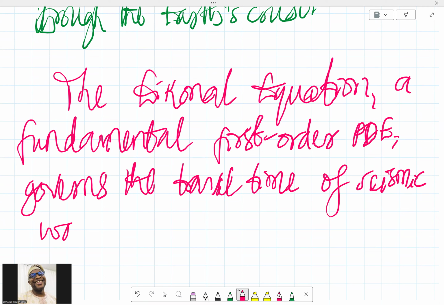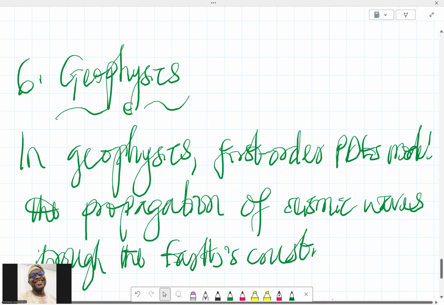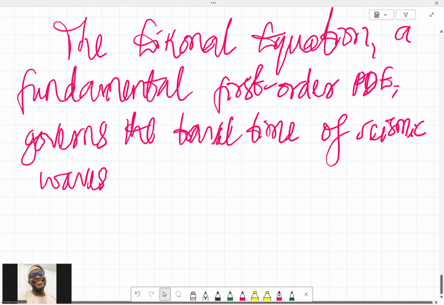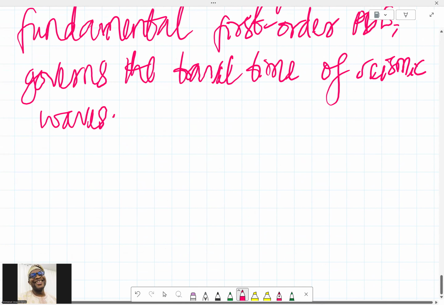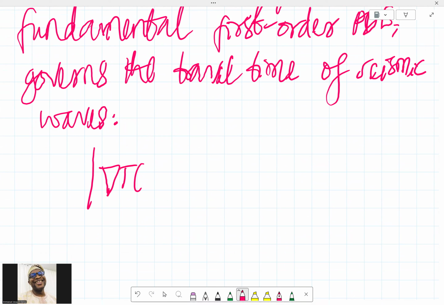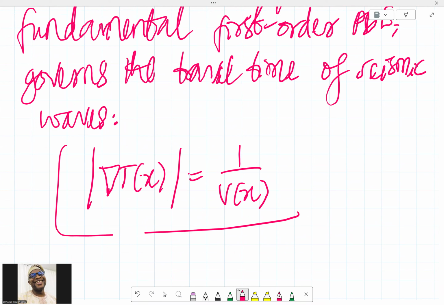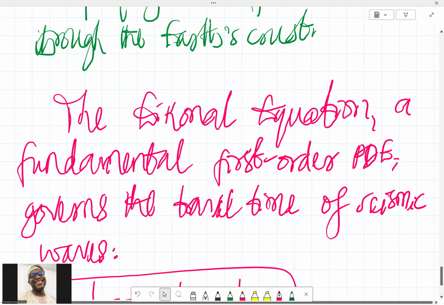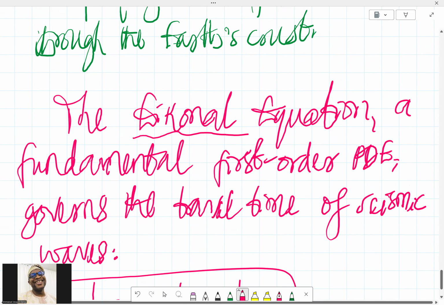So in a place like Japan where we have earthquakes a lot, this kind of equation is something that should be investigated a lot. So we have absolute value of nabla T of X equals 1 over V of X. Again, I'm not talking about the terms involved, but this is an introduction to it. You may want to check what the eikonal equation is about so you can get more ideas.